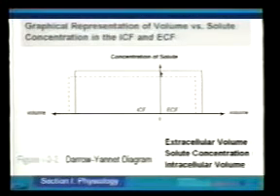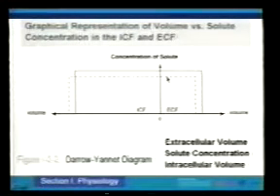Now, because the y-axis is solute concentration, if the salt concentration of the extracellular compartment increases, the line shifts up the y-axis and would bisect the y-axis at a higher point. On the other hand, as shown in this figure here, if the extracellular sodium chloride concentration goes down, the line would bisect the y-axis at a point closer to the origin.